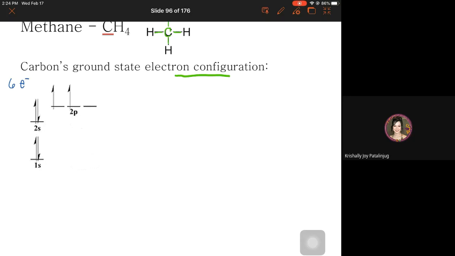From that 6, dalawa doon resides on the lowest energy level, 1s, and on its highest energy level, which is the second level, doon natin makikita yung 4 na valence electron ng carbon. Nasa 2s yung dalawa, and the other two are singly distributed to orbitals of 2p.